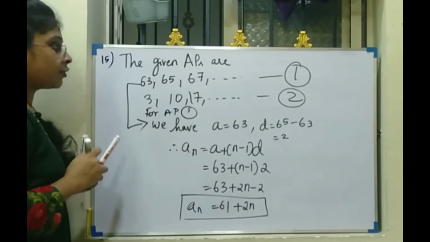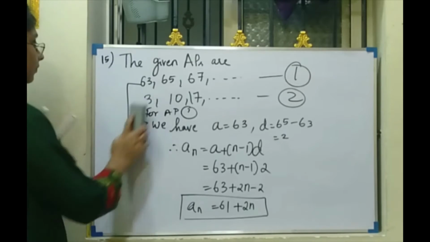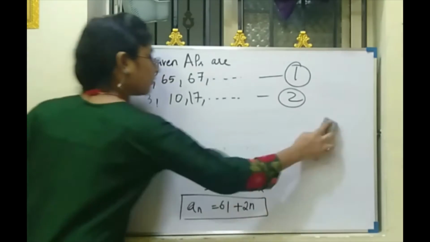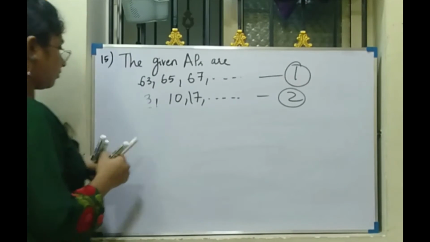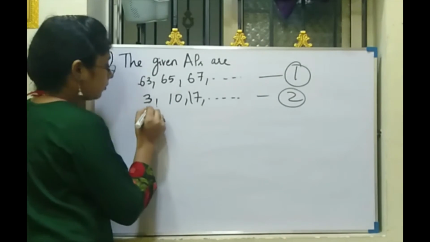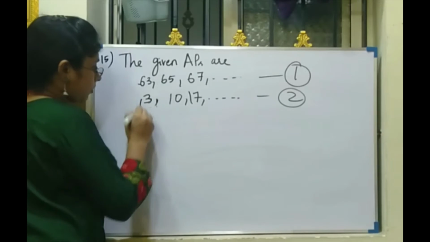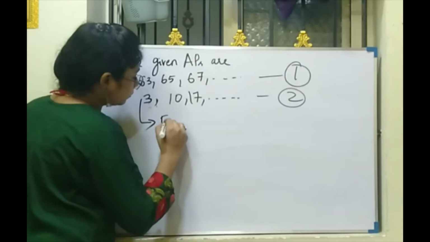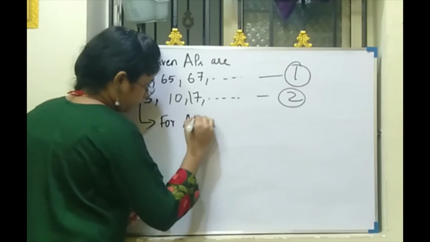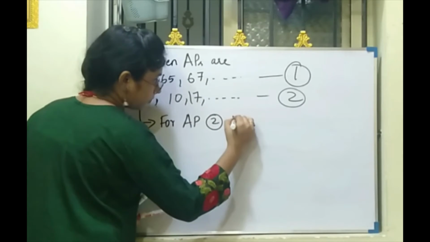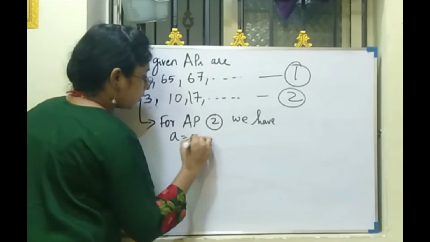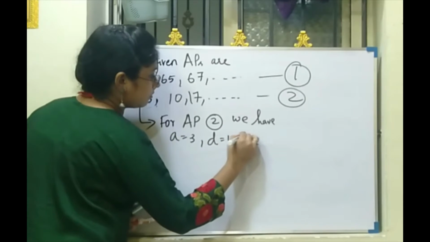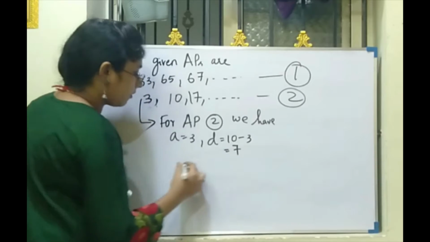Now we should do the same for AP2. For AP2, we have a is equal to 3, d is equal to 10 minus 3, which is equal to 7.